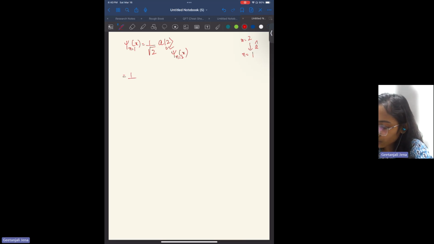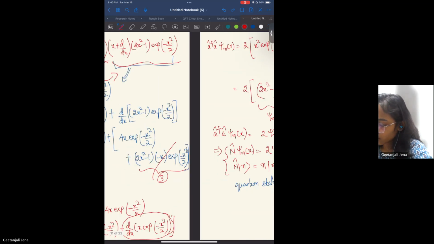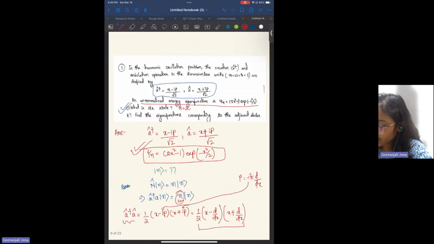Now you have to put the expression for a. A is given in the problem. Similar to a dagger, you have to put the position representation of p and find out the expression for the lowering operator in position representation.